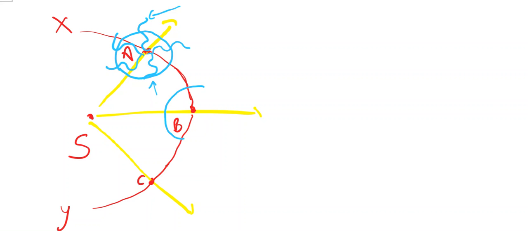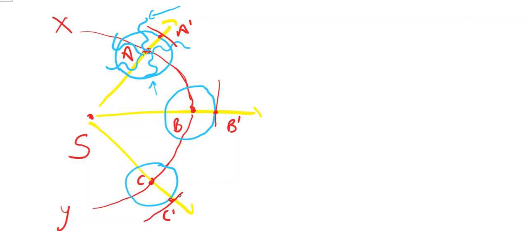Similarly, I can have a secondary wavelet for B also. Similarly, I can have a secondary wavelet for C also. And then if I join tangents at A prime, B prime, and C prime, I get one more surface which is the secondary wavefront of S. Let me call it Y prime, X prime.